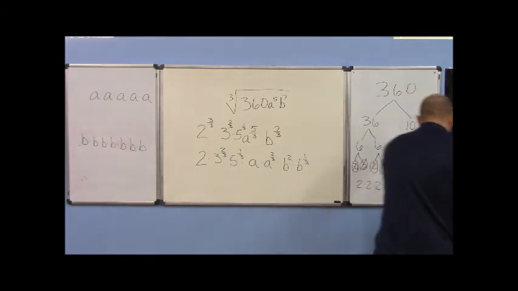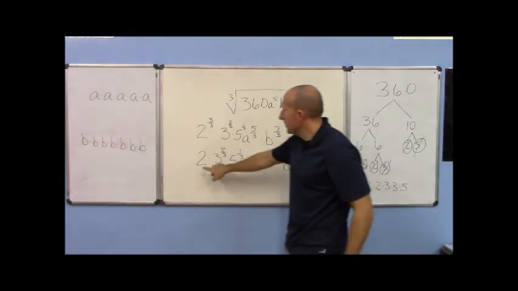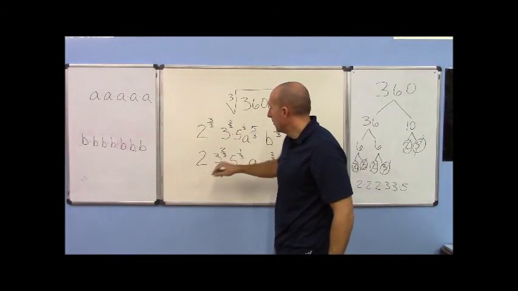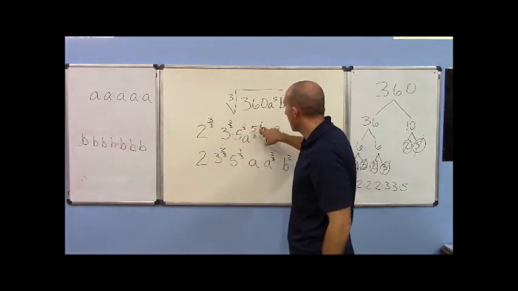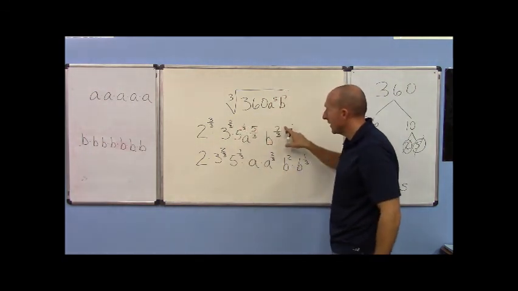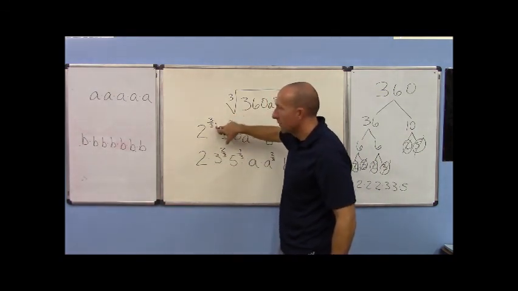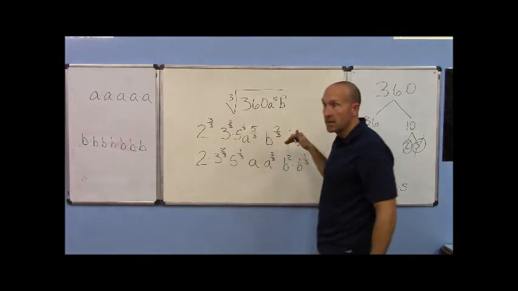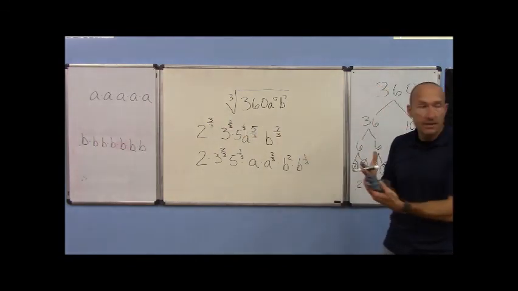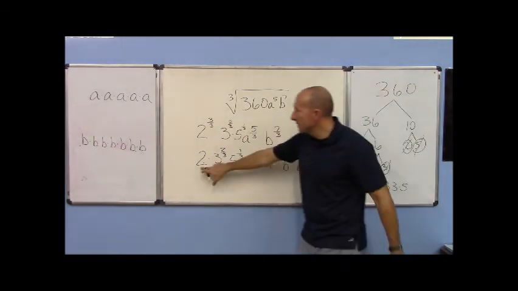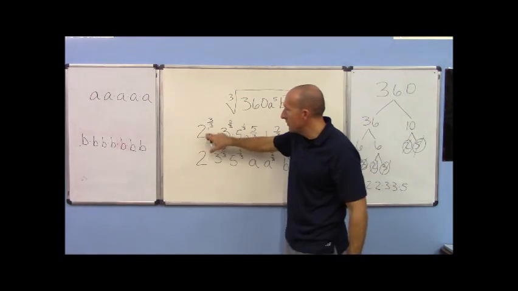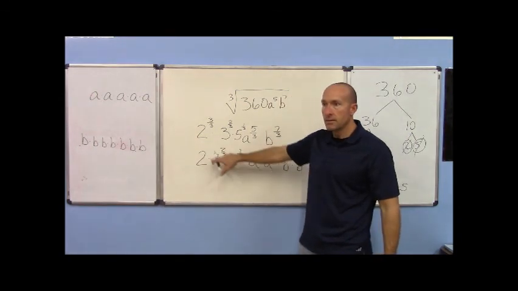For instance, if we needed to use this 2 somehow, but we had all these exponents in fraction form, you could rename this as 2 to the 3/3. If all the other ones had denominators of 3 and you wanted to combine that, you can rename this all you want. These are the same exact thing.